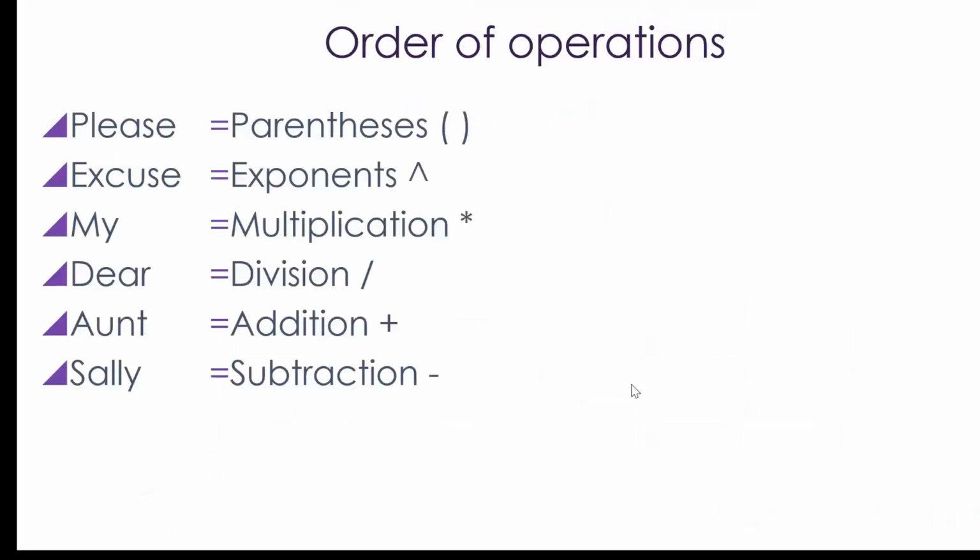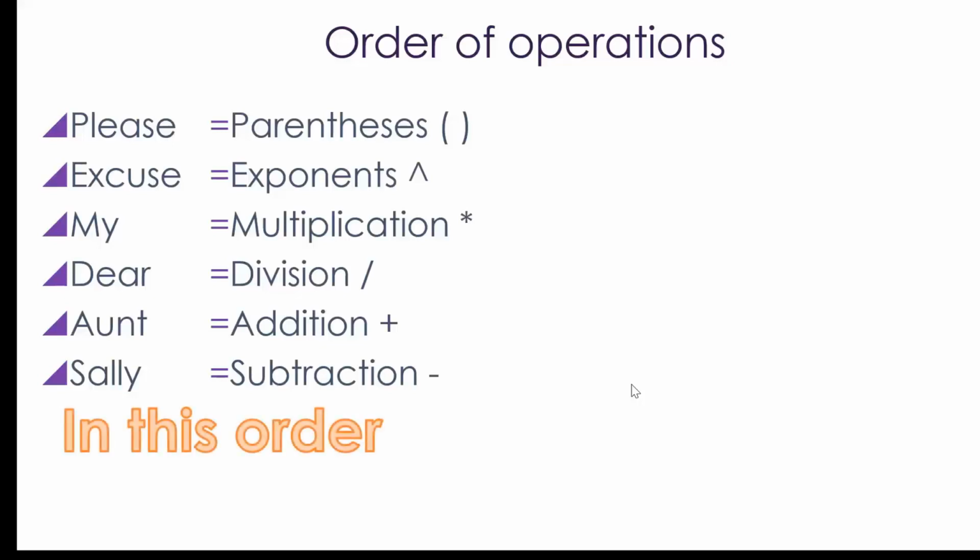Now, I've hinted around about the order of operations. Let's see what I mean here. Excel calculates things in this order, and you may have even learned this little thing in school: Please excuse my dear Aunt Sally, which stands for parentheses, exponents, multiplication, division, addition, subtraction.